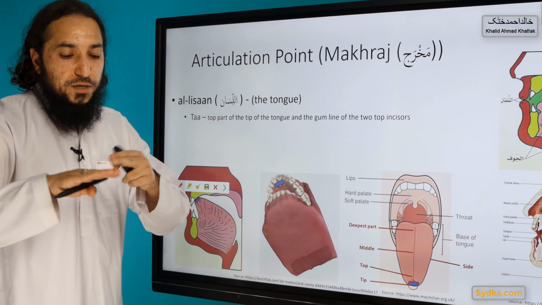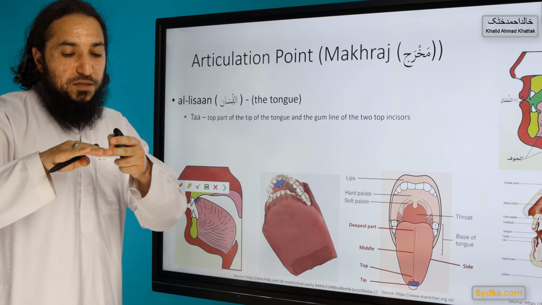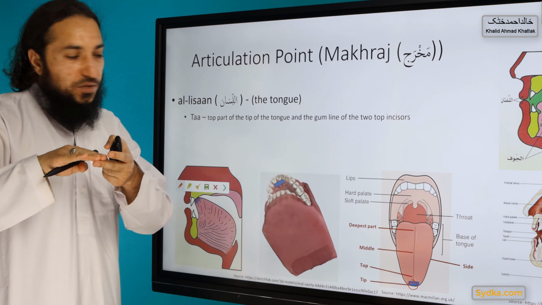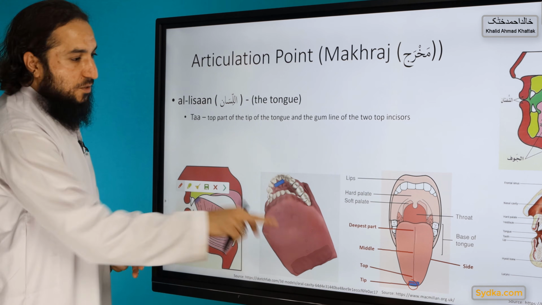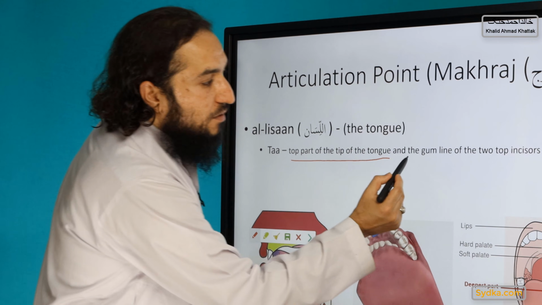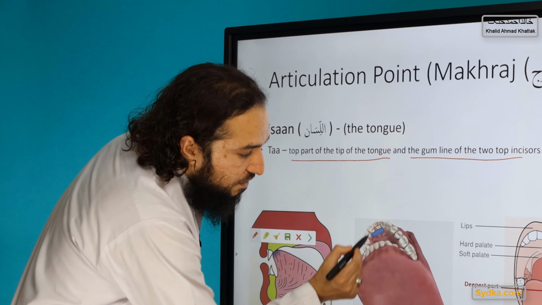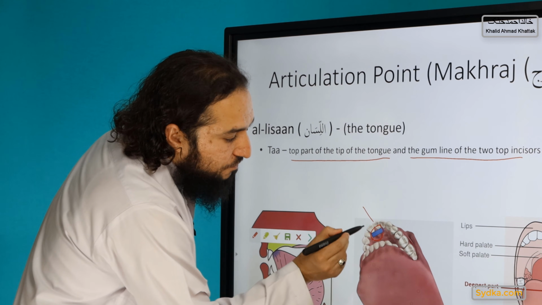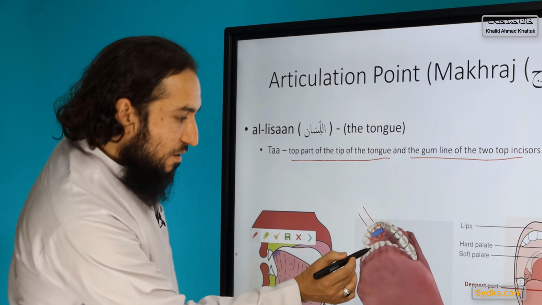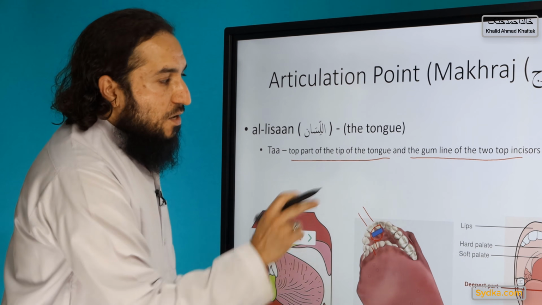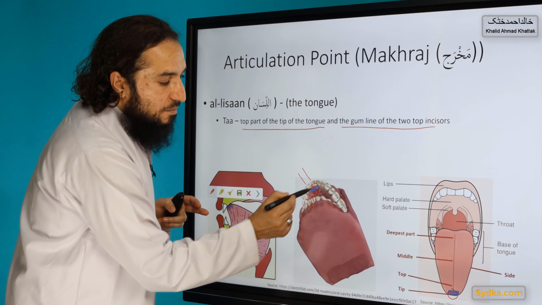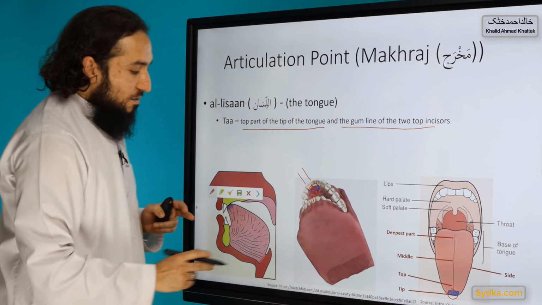The tip of the tongue has three parts: the front of the tip, the top side of the tip, and the underneath. For this particular alphabet we use the top part of the tip of the tongue, and the gum line of the top incisors. These two teeth are called incisors, the top incisors, and opposite to them are the bottom incisors.